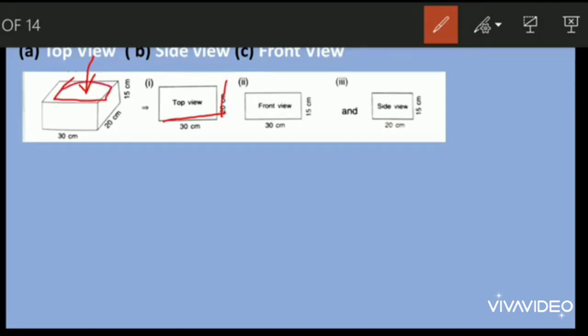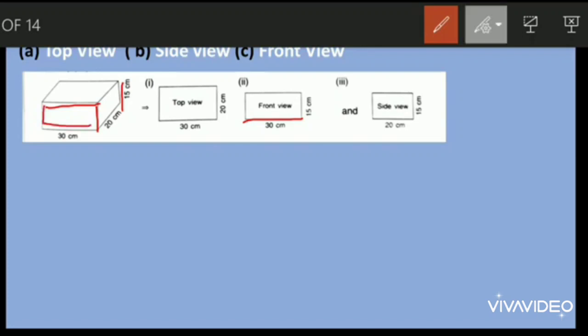Now if you see the front view, this is the front view. It shows the 30 centimeter length and the 15 centimeter height. So the front view has length and height.